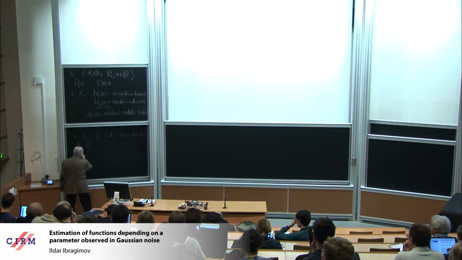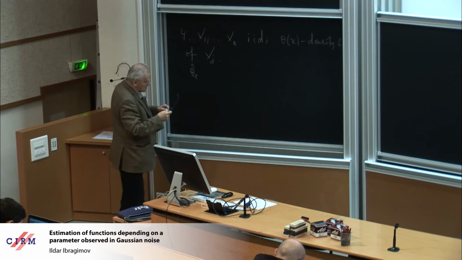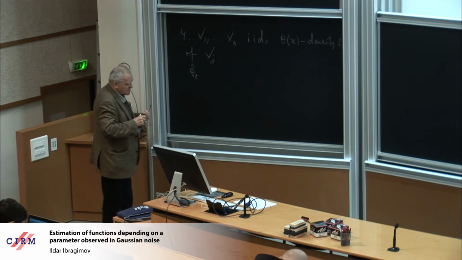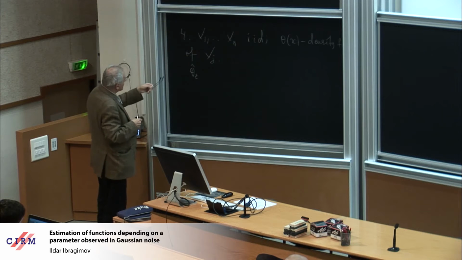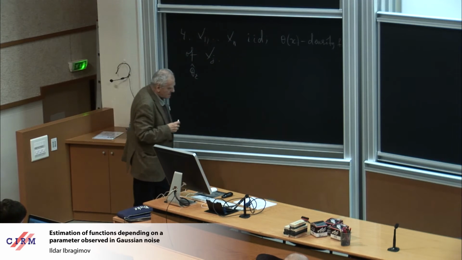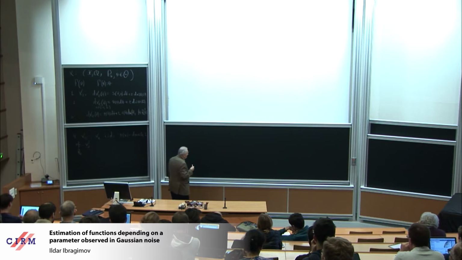If theta hat epsilon is the maximum likelihood estimator for theta in problem 1 with finite dimensional theta, for example, then theta hat epsilon is asymptotically efficient, asymptotically normal with some information matrix I of theta.